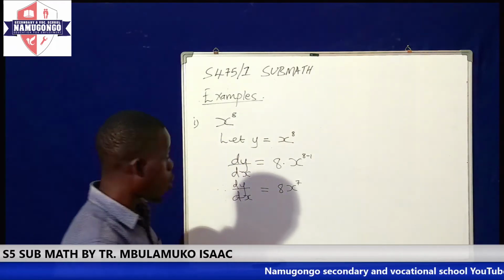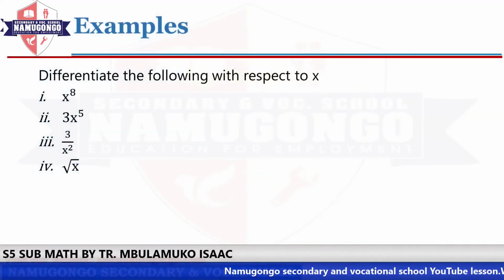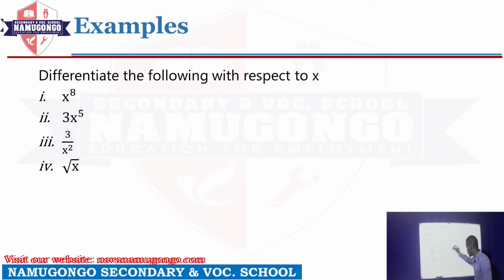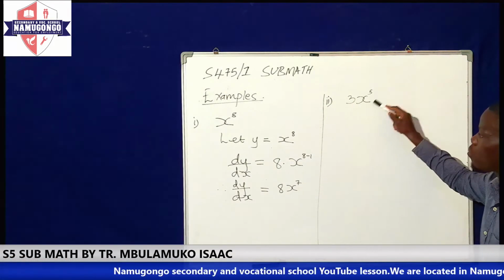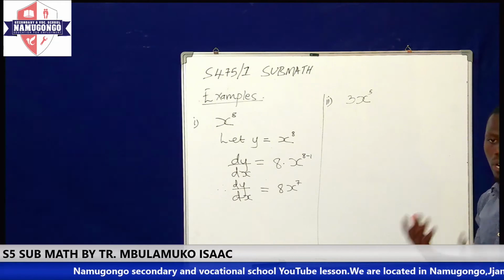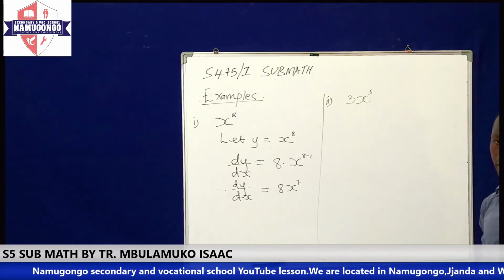Then we can move on to the next example. On the next example, we have Roman number 2, which is saying differentiate this function with respect to x. Since we've learned that whenever we are given a function of a given variable and you don't have the y, you can first start by letting.